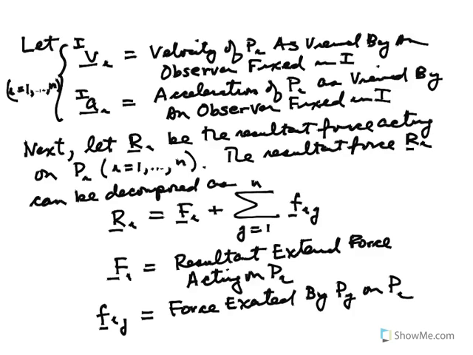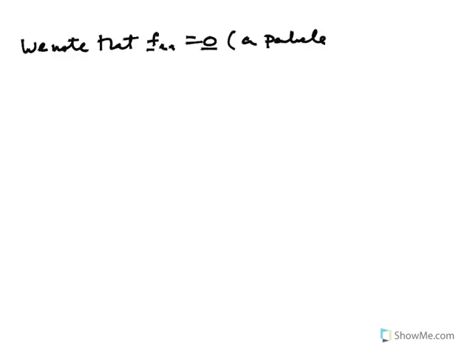Now, you can see that every other particle in the system exerts a force on particle i. And in order for this to make any sense beyond that, we note that Fii is equal to 0, which means a particle cannot exert a force on itself.